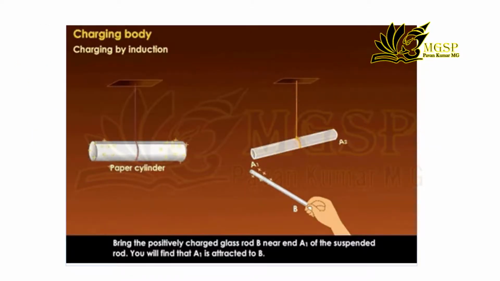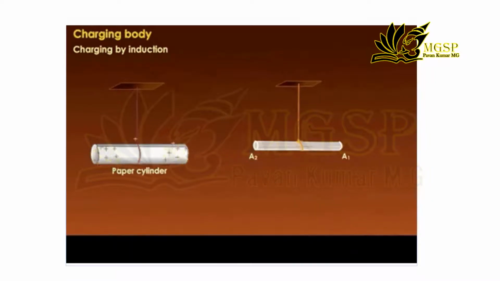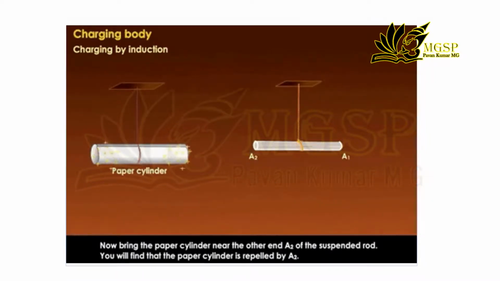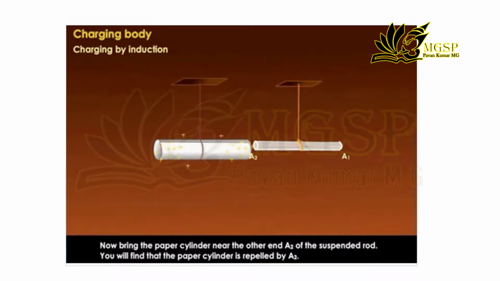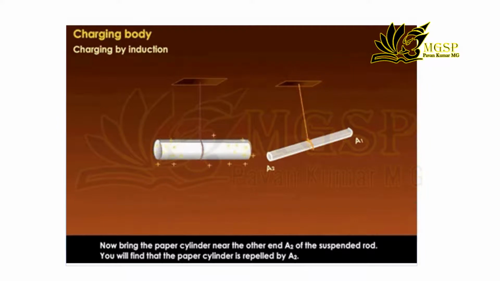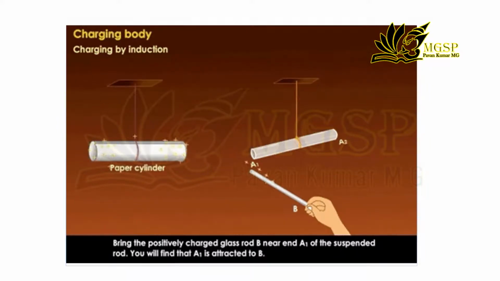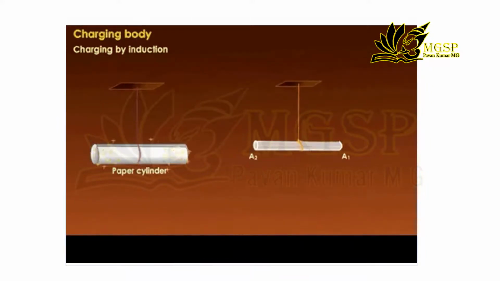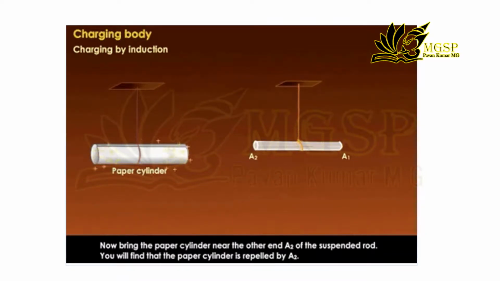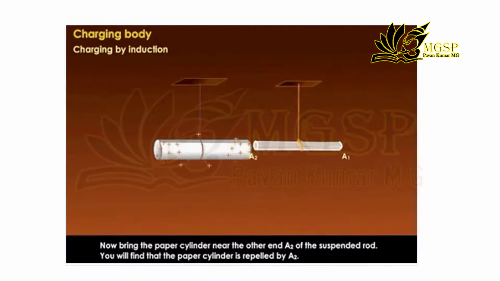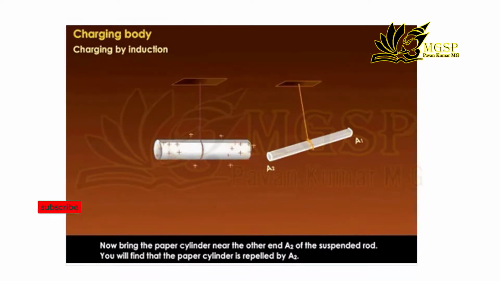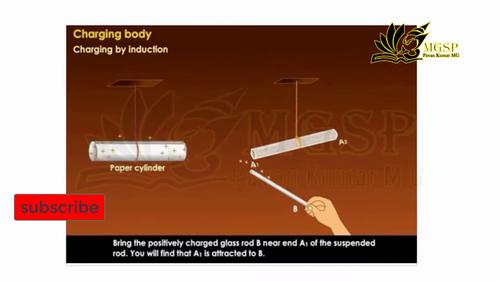Let's consider a scenario here. See, it is charged. When it is brought near, it gets repelled because it has acquired charge. Now let's begin once again. Bringing a positive charge B makes charge accumulate on A2. After that, when a cylinder paper with positive charge is brought, it gets repelled, meaning like charges repel each other.